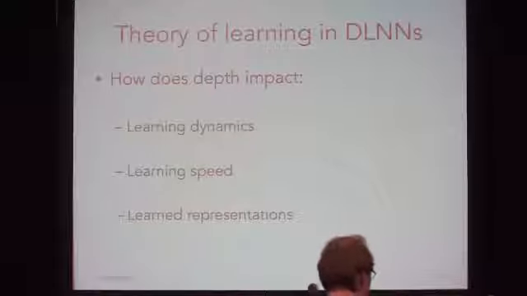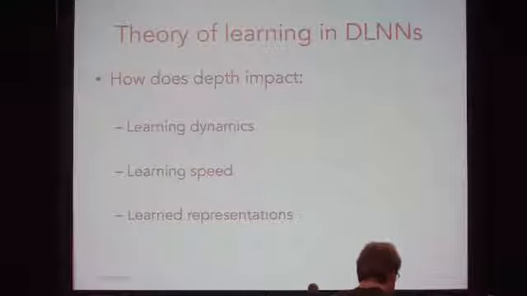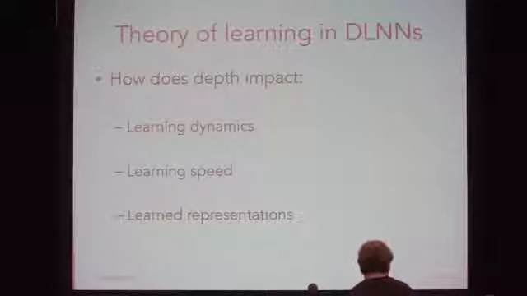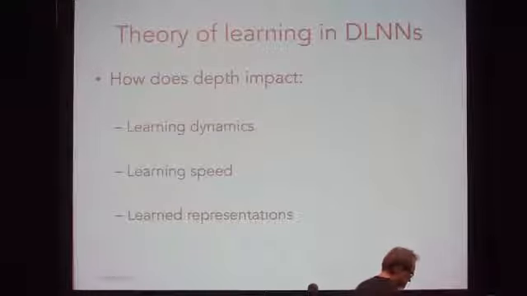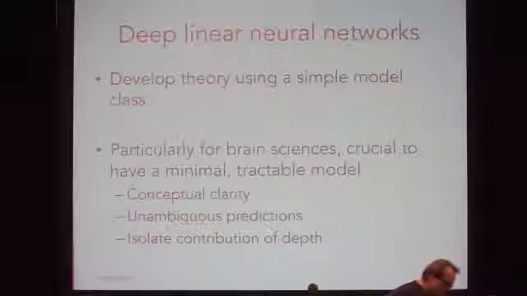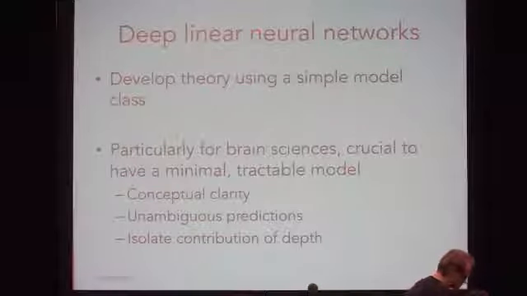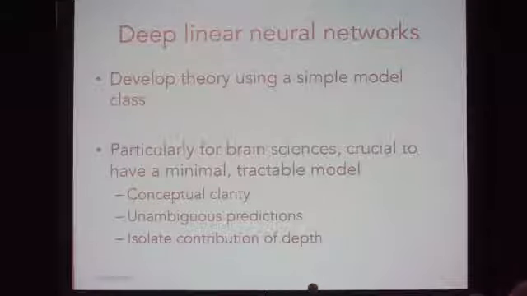Well, we want to know things like how depth impacts learning dynamics, learning speed, and learned representations, for instance. And the strategy I'm going to take is to use a very simple model class. And I think particularly for the brain sciences, this is crucial. You need a simple model class that you can get unambiguous predictions from, one that will isolate the contribution of depth so that you know that if I find something, it was only due to depth and nothing else.